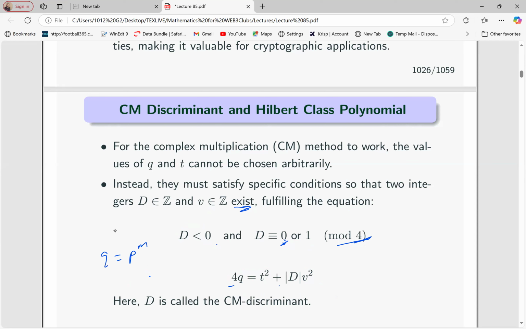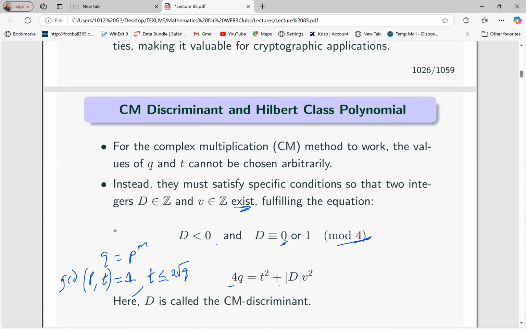The other condition, and of course we say that your choice of T again should be such that T is relatively prime to P, and T must satisfy the condition that it's less than or equal to 2 multiplied by the square root of that.